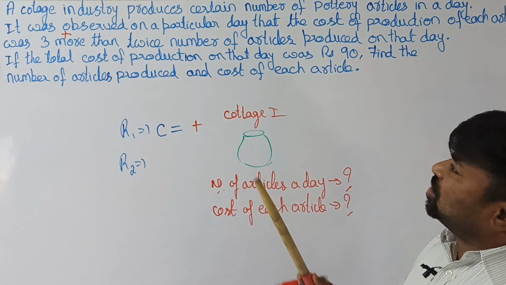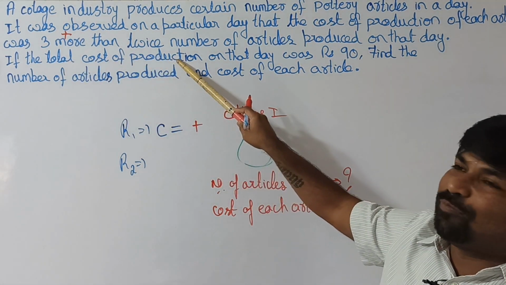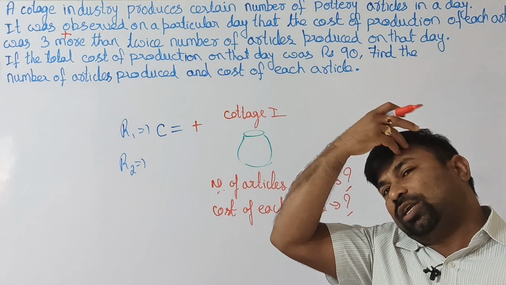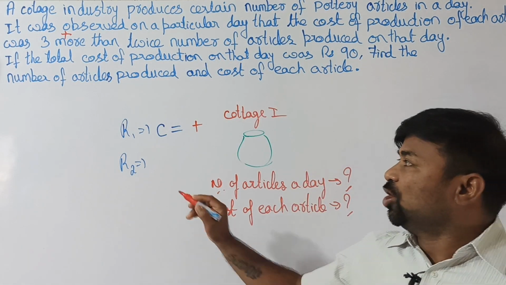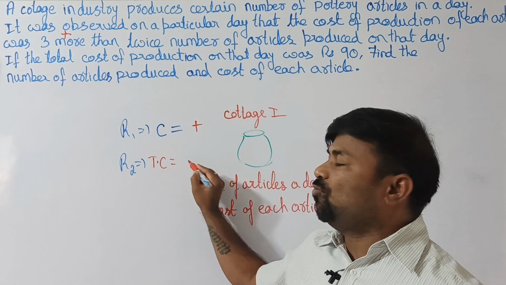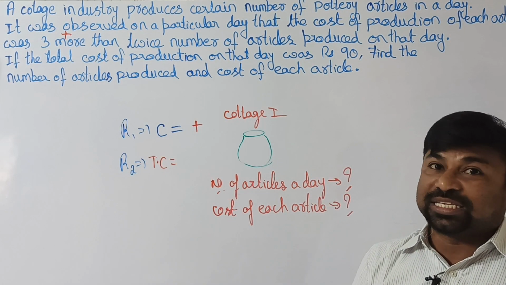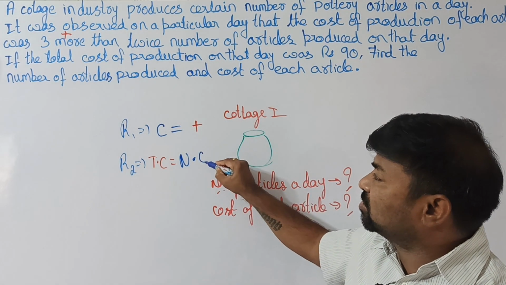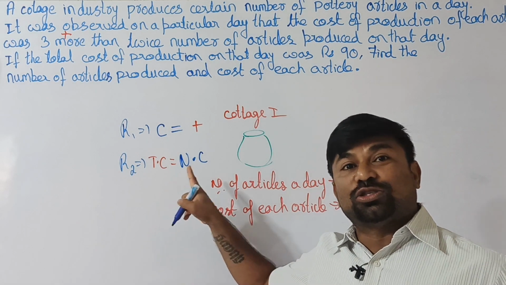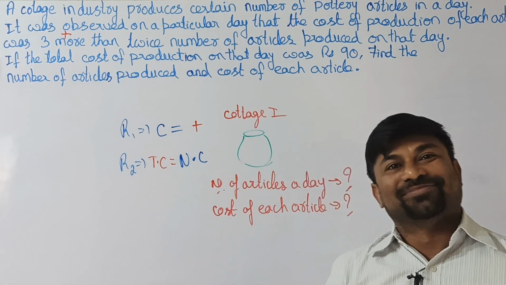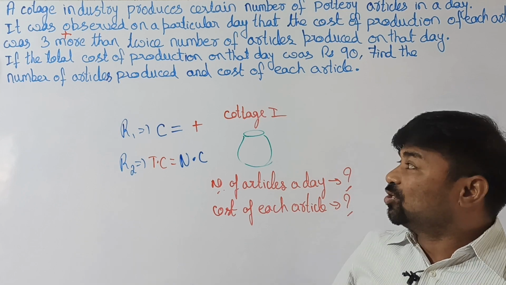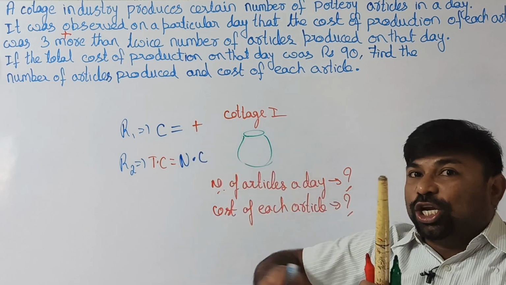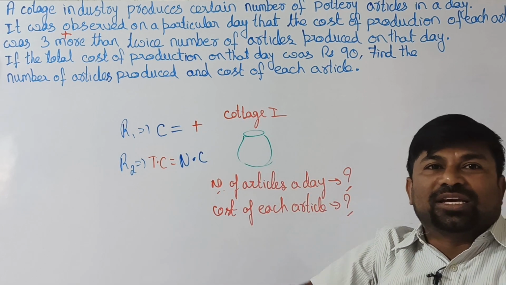Now, what is the second relation? He is talking about the total cost of production on that day being rupees 90. Total cost, how will you recall it? That's what I said: number of articles times the cost. Number of articles produced into cost is the second relation. So if you observe, the first relation says the cost is 3 more than twice the number of articles produced.